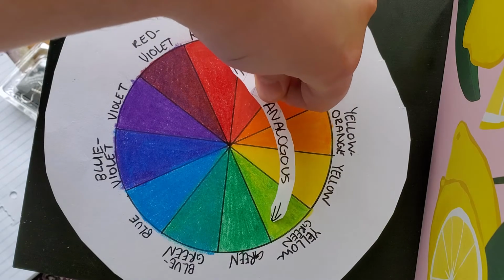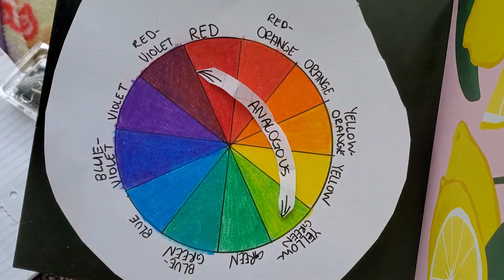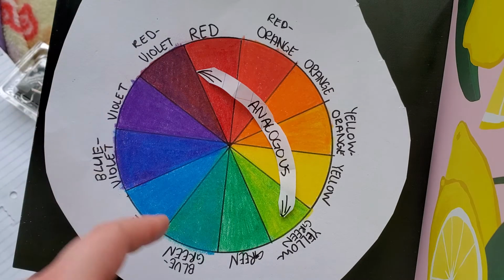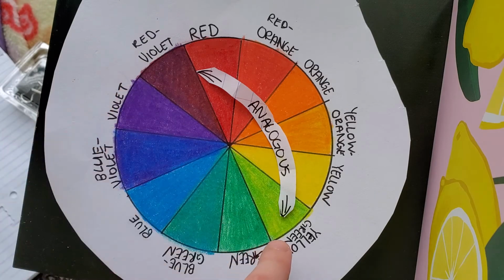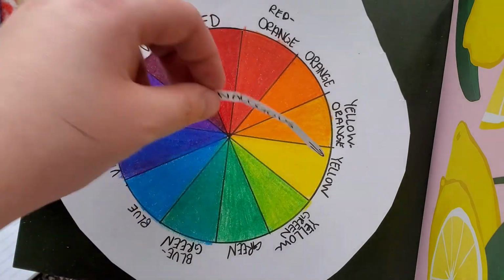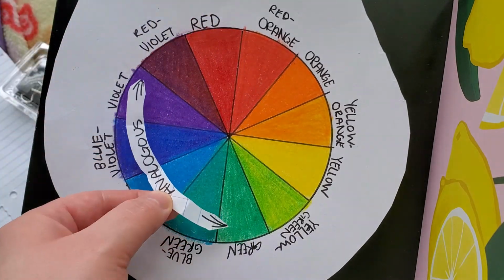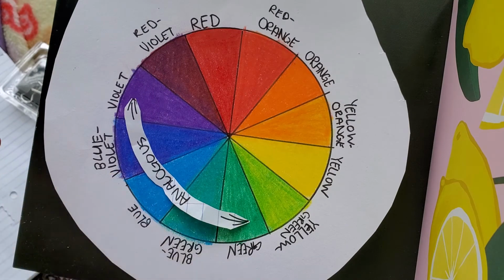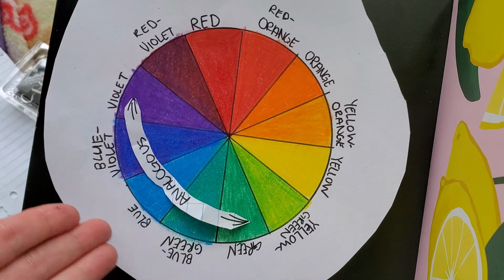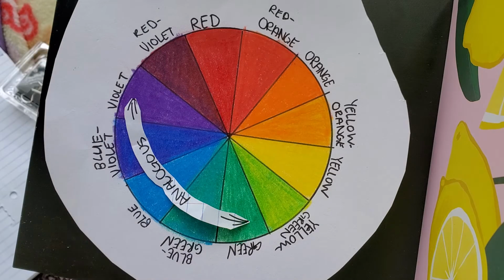Now, if I put this closer to the center, I'm going to point out that there are 2 analogous sets that have names. The first one being warm colors, red-violet to yellow-green. The second analogous color set that has a name is green through violet, or red-violet. Depending on who you talk to, those edges can be kind of wishy-washy, but these colors tend to be cooler, calmer.